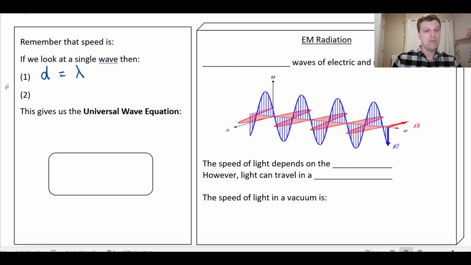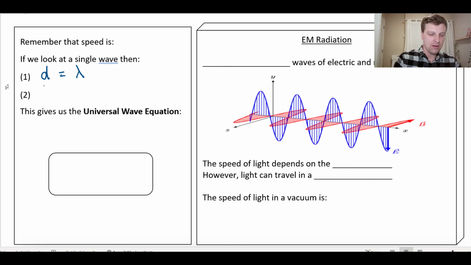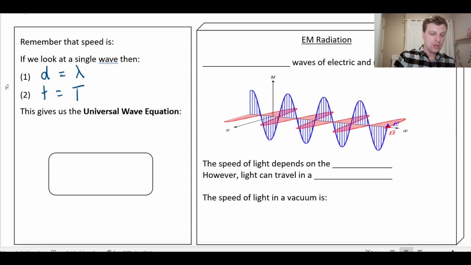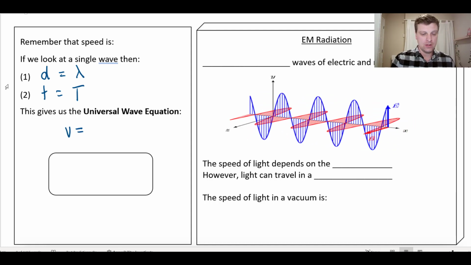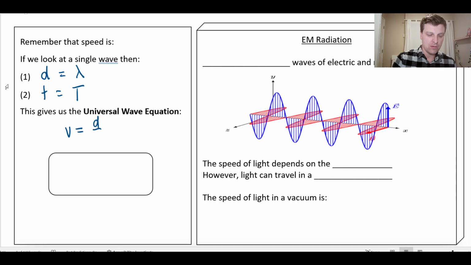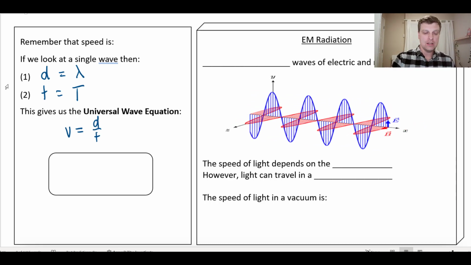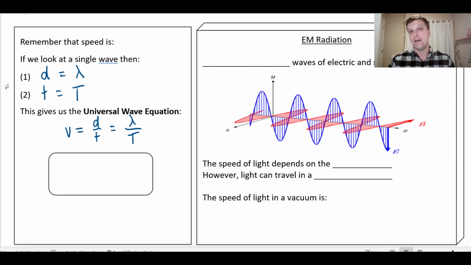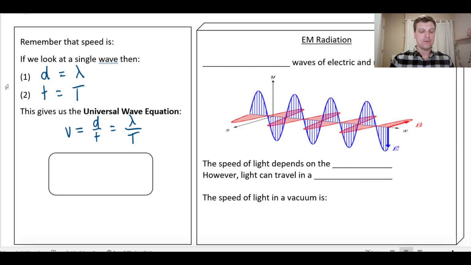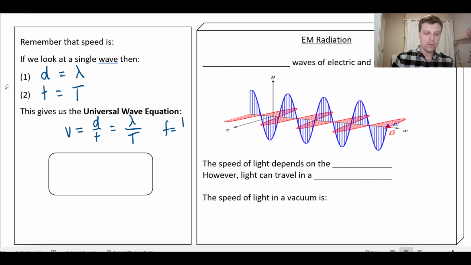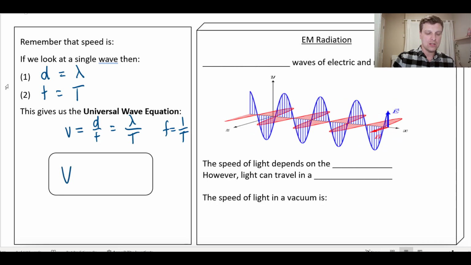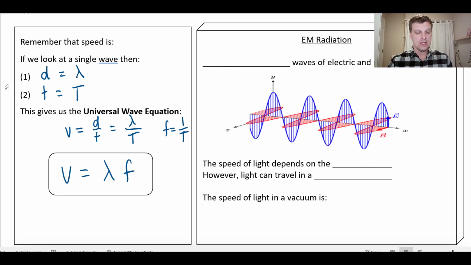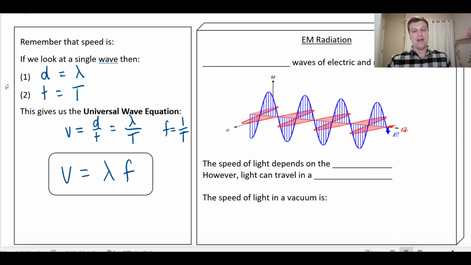And the time traveled by a single wave would be equal to the period T. Since we know that the speed of anything at a constant velocity is just going to equal d over t, I can substitute my wavelength for my distance and my period for my time. And because frequency equals 1 over the period, I end up with the wave equation that says v equals lambda f, where v is the speed, lambda is the wavelength, and f is the frequency.